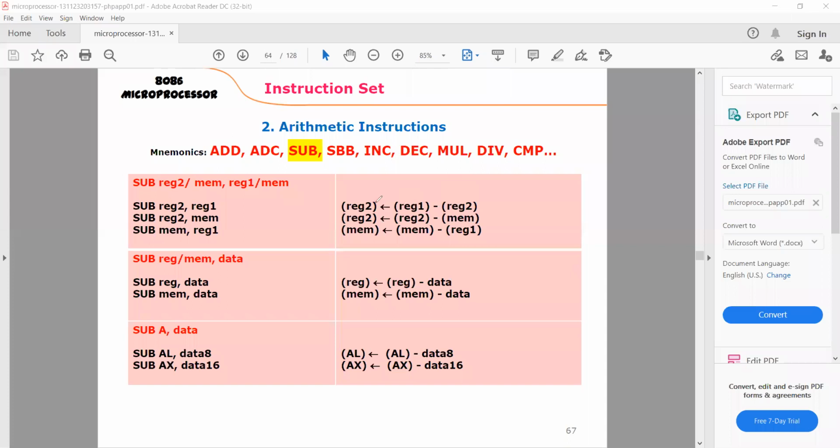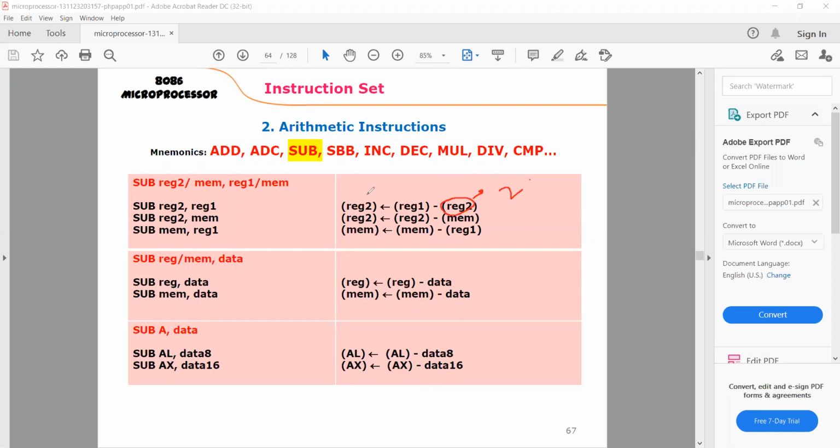Coming to the first instruction, the data present in register 2 will be subtracted from the data present in register 1. That means for the data in register 2, we will perform 2's complement, and the result will be stored in register 2 as always.